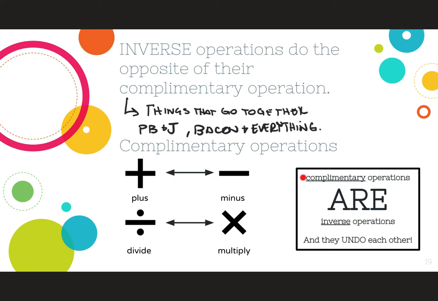So I would say this is what you want to write in your notes. Complementary operations are inverse operations and they undo each other. And then make note of what the complementary and inverse operations are, right? Plus goes with minus, divide goes with multiply.